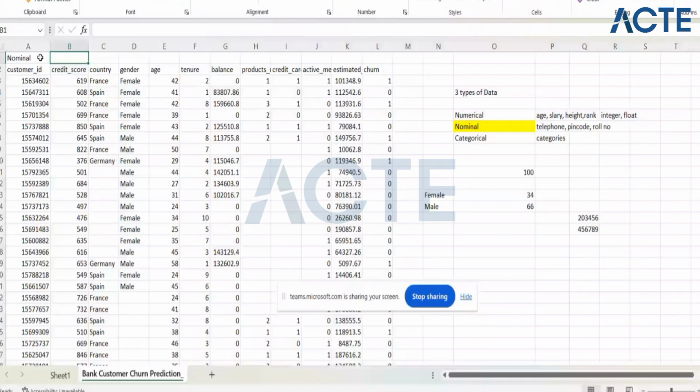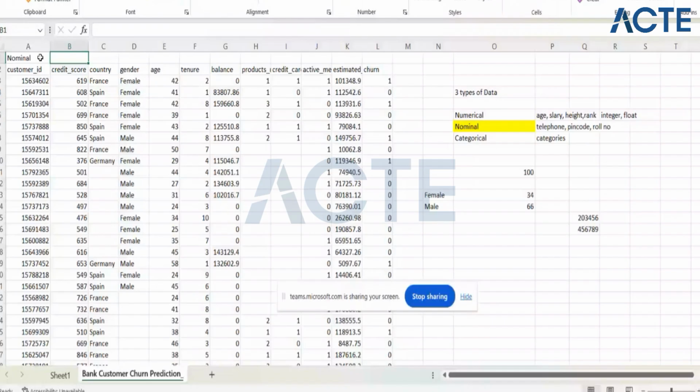Gender is categorical, correct. Age, again, age is nominal? Age is not nominal, age is numerical, correct.